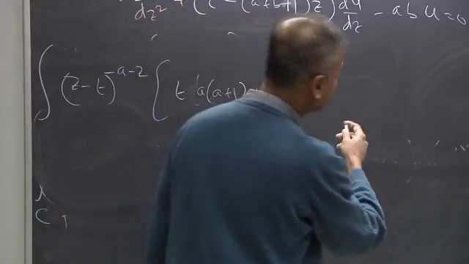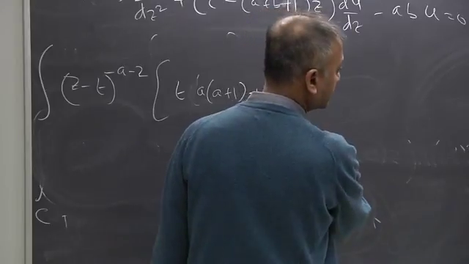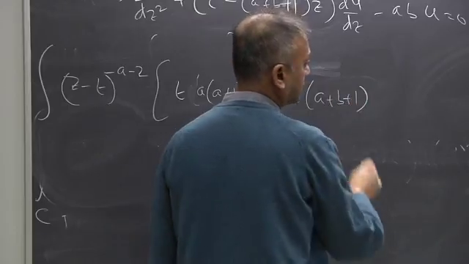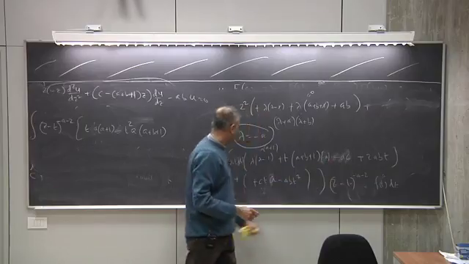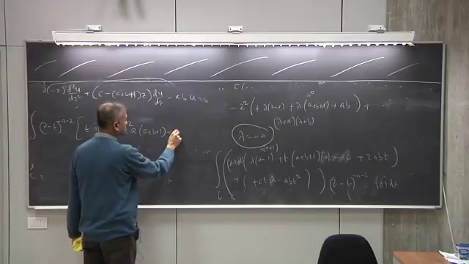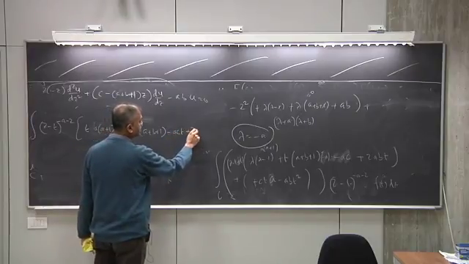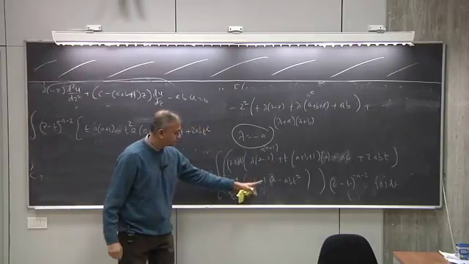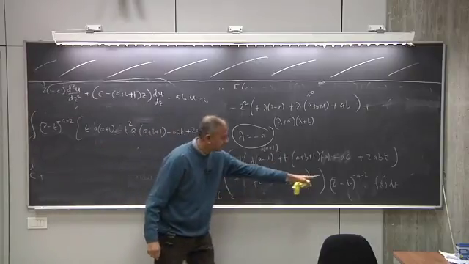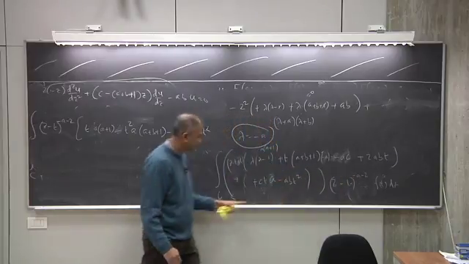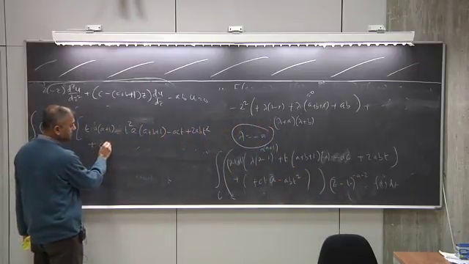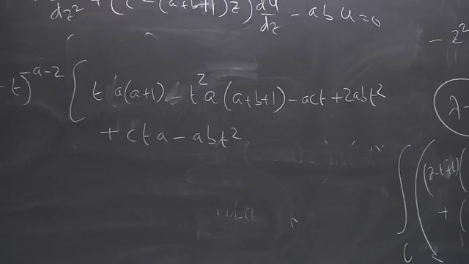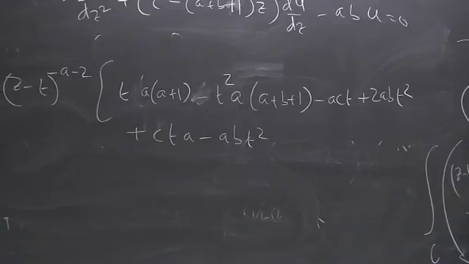It's a bit of a long calculation, but okay, t square minus t square times a plus b plus 1, minus act, plus 2ab t square from there, and then from here I have to take all the things together. All that is coming with power minus a minus 2. So that's plus cta minus ab t square. Okay, that is this term.